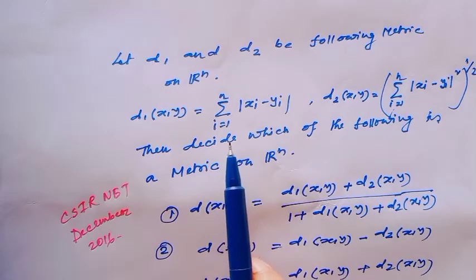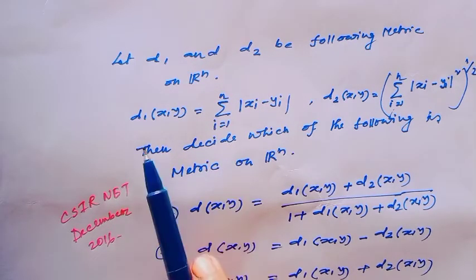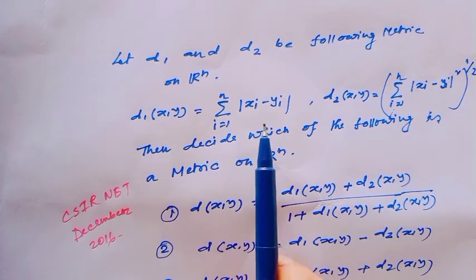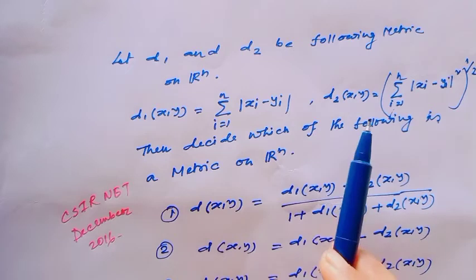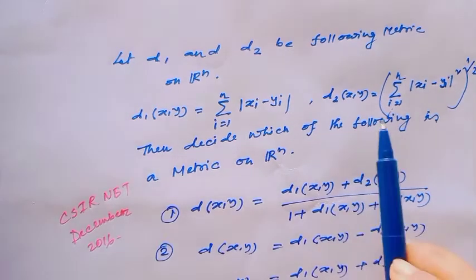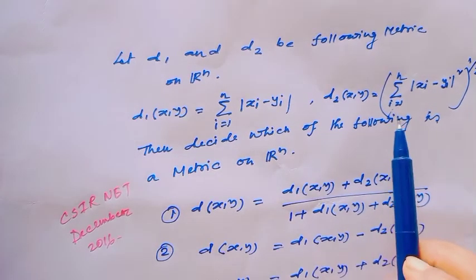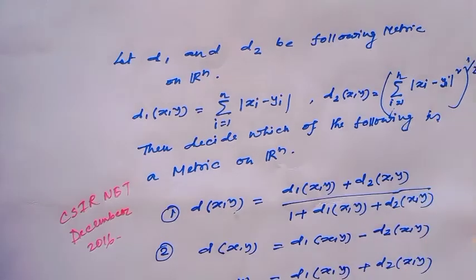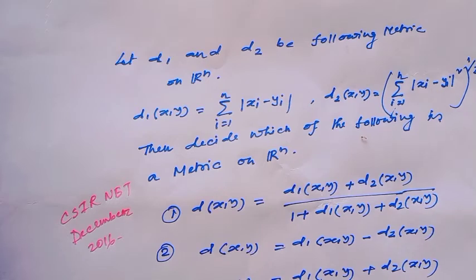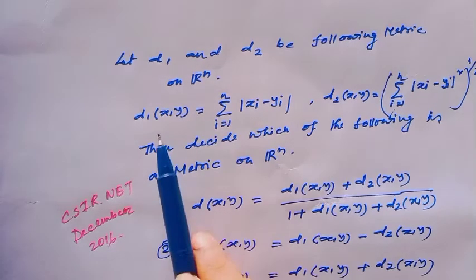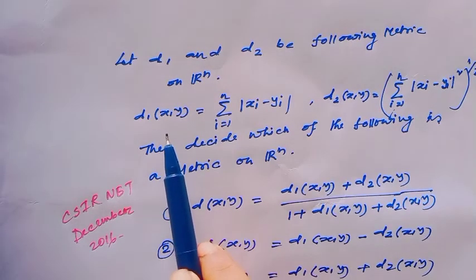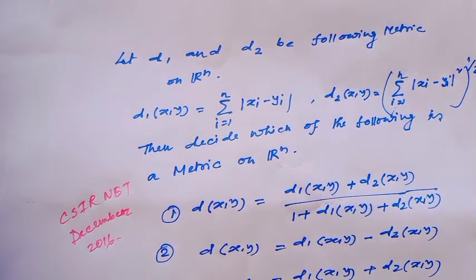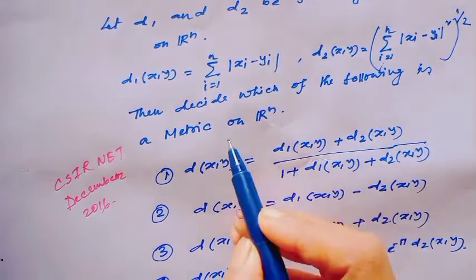Here D1 is denoted as the sum for i equal to 1 to n of the absolute value of xi minus yi, and D2 is denoted as the sum for i equal to 1 to n of the absolute value of xi minus yi whole squared, to the power half. This is the metric D1 and this is the metric D2. Then decide which of the following is a metric on Rn.